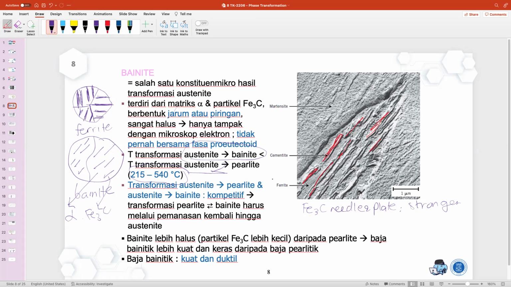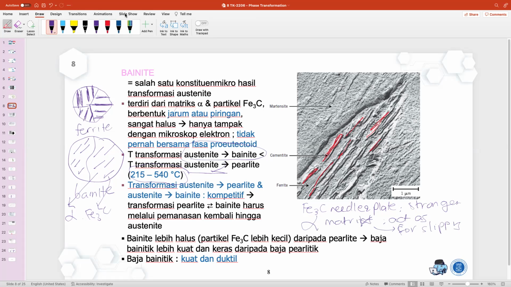However, the alpha matrix can be used for slipping.